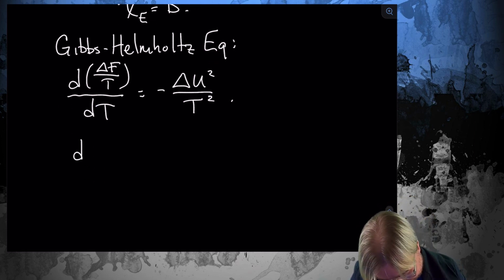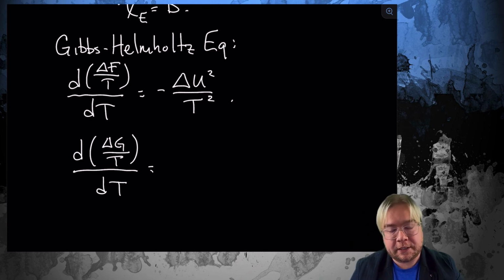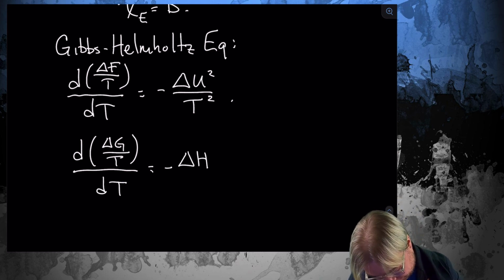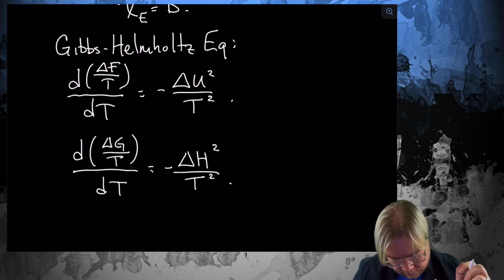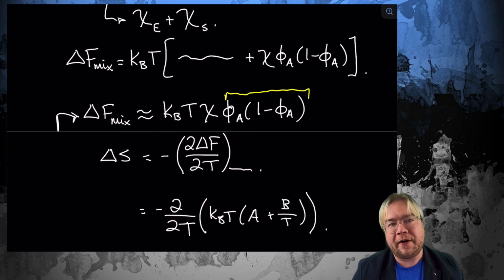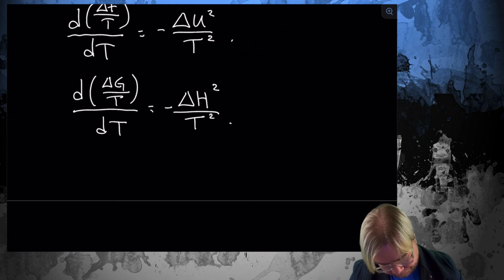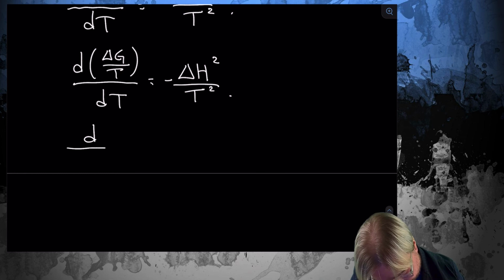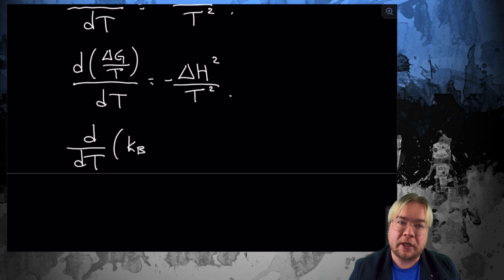And for completeness, I'll just say it also told us that the derivative of delta G divided by T with respect to T was equal to minus delta H over T squared. Okay, so we go back here and we look at what delta F is, and we've got that expression. So if we divide it by T, then that T is just going to go away. So what is the derivative with respect to temperature of kB times A plus B over T?